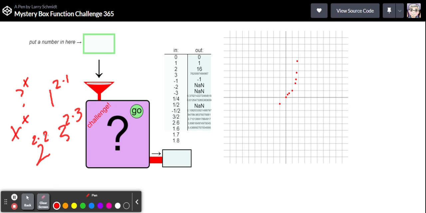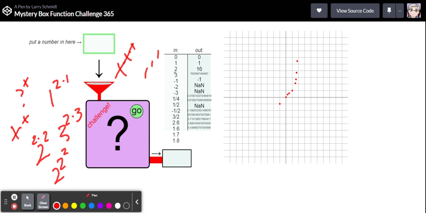Oh, so this is not 2 times 2. 2 squared is also 4. So what if we did 2 to the 2 to the 2? Oh, okay. So that would work with 1. So what if this is x to the x to the x? So 1 to the 1 to the 1. 1 to the first power is 1, and 1 to the 1 power is 1. That makes sense. I don't know about this 0 result for 0 to the 0 to the 0.